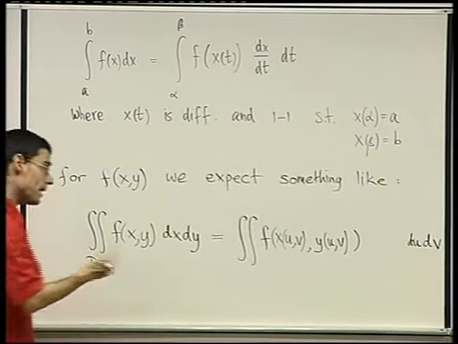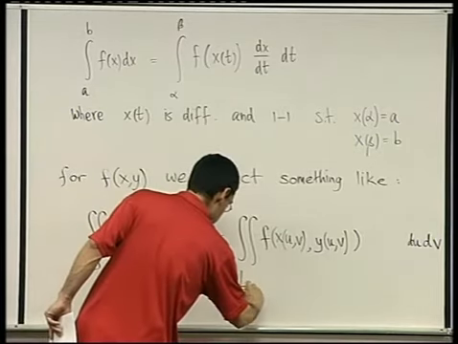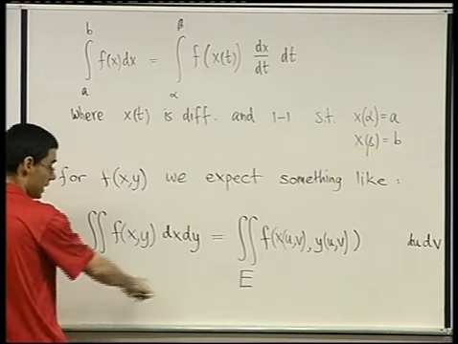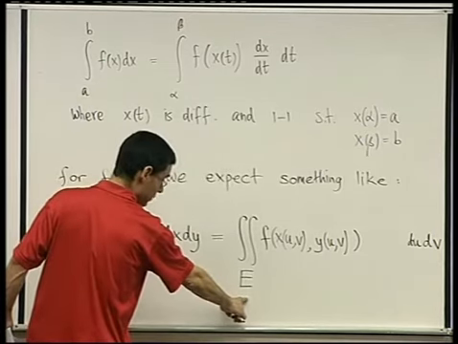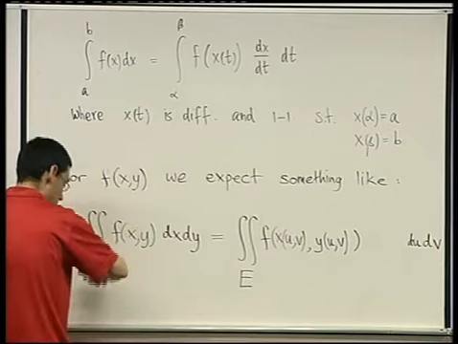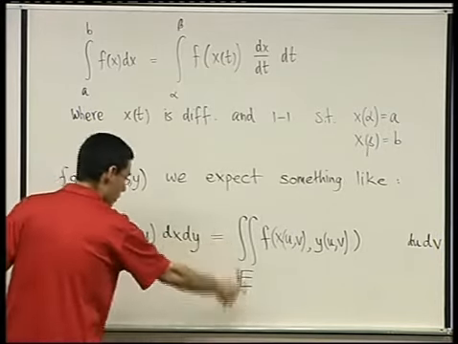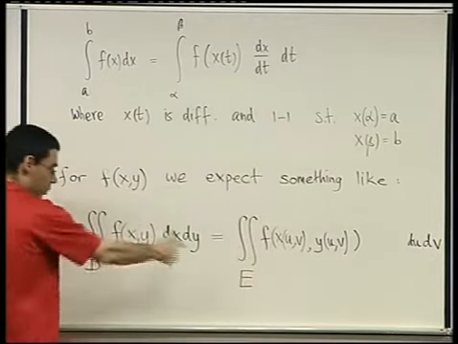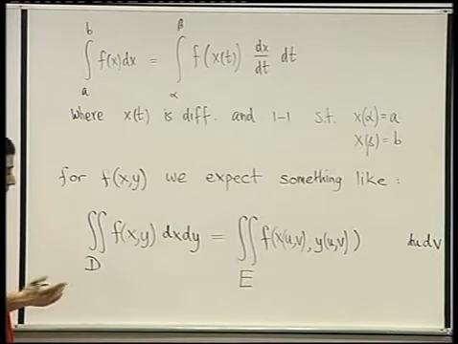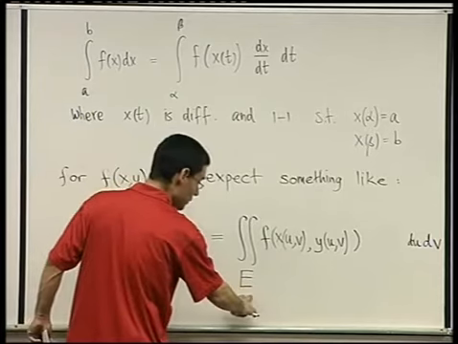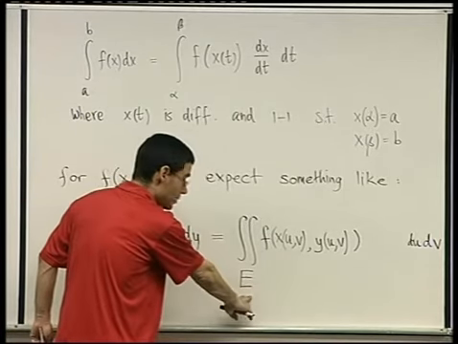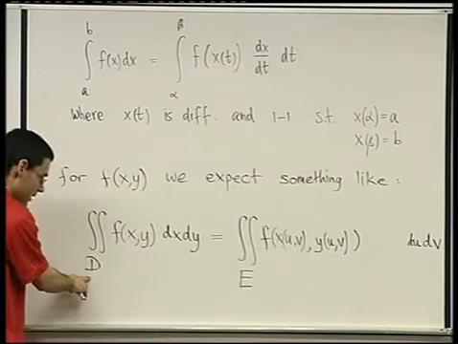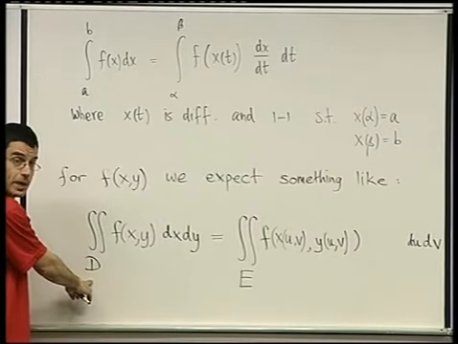And the domain is going to be some new domain in the uv plane. D was in the xy plane. E is going to be some domain in the uv plane, and these two domains by this map should transfer one onto the other, right? So if you take a point uv in E and you take x of uv and y of uv, you should expect to land in a point xy in D, and vice versa.